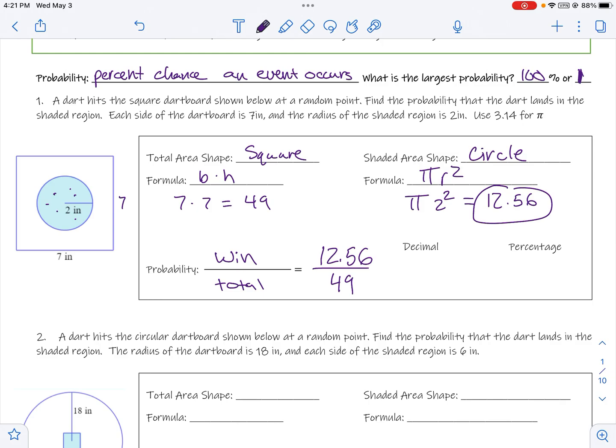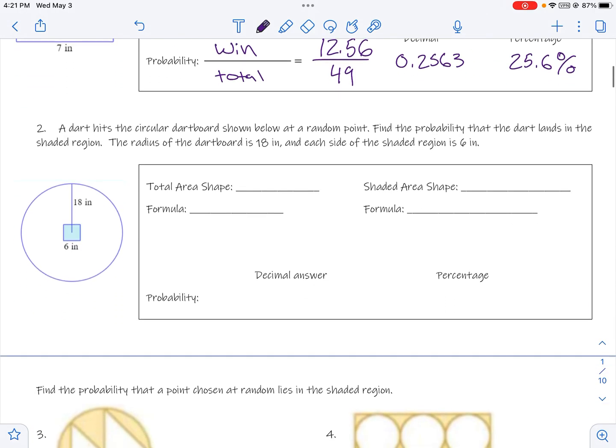So as a decimal, that was 0.2563, something like that. So that percentage would be about 25.6%. I guess that percent can go on the back. Just like that. Next one.